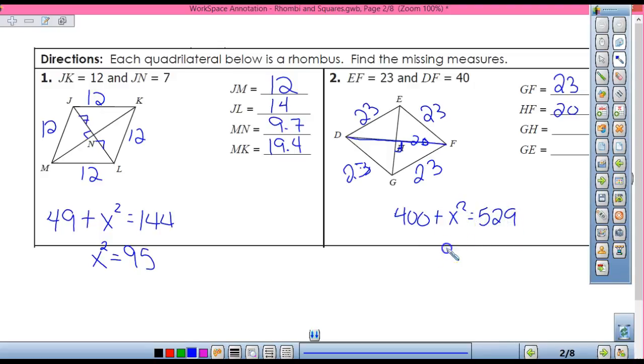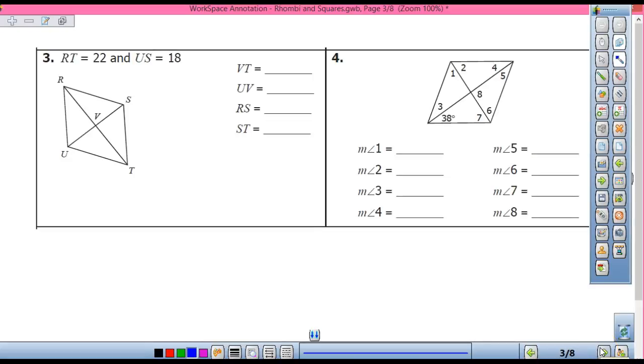So x squared is 129, and GH is 11.4, which makes GE 22.8. Why? Diagonals bisect each other. Angles can't bisect each other. Diagonals can.